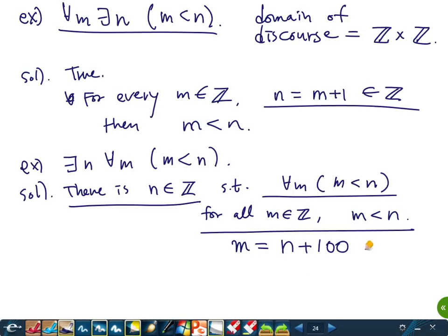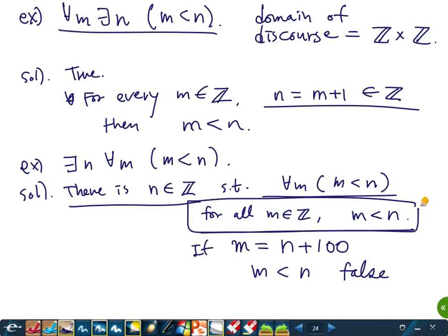So we found one counterexample to this statement, so it's going to be false. There does not exist n satisfying this. For every n, we can find a counterexample to this. So this is false.